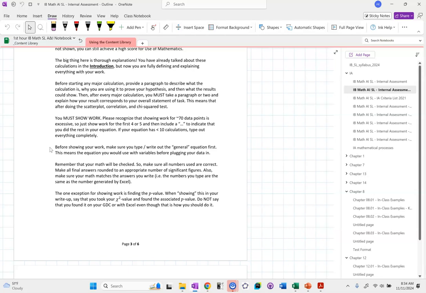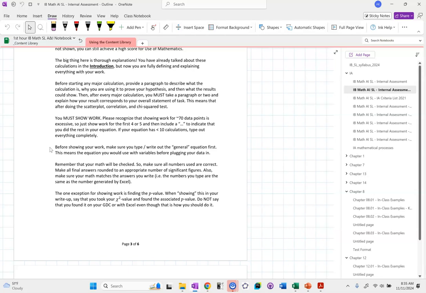We haven't done that yet, but the one exception for showing your work is finding the p-value. When showing this in your write-up, say that you took your chi-squared value and found the associated p-value. Don't say that you used your calculator or Excel, even though that's what we actually do to find that value.